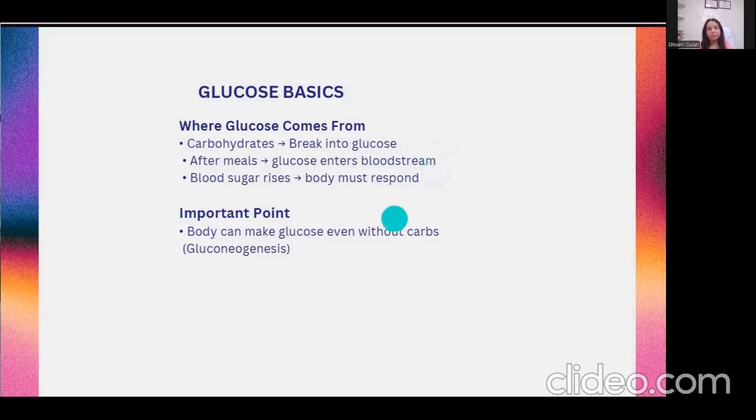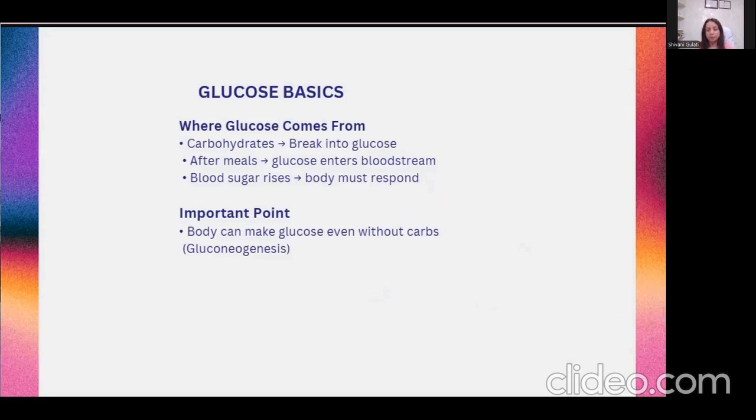Whenever the blood sugar rises, the body must respond, and this is where a hormone like insulin comes into action.